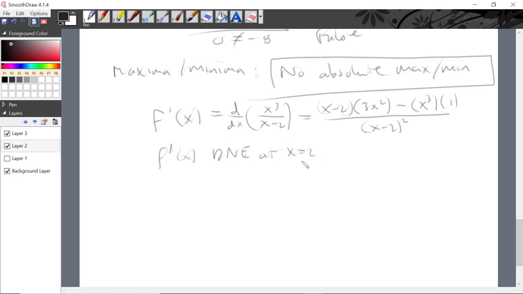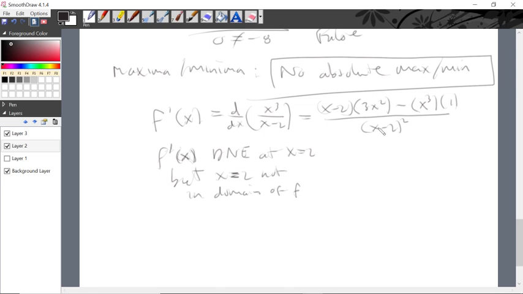But x equals 2 is also not in the domain of f. So we don't have to investigate it as if it was a maximum or a minimum. It can't be a maximum or a minimum point because it doesn't even exist on the curve at that point.